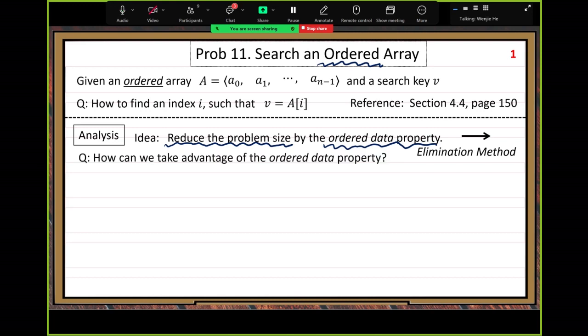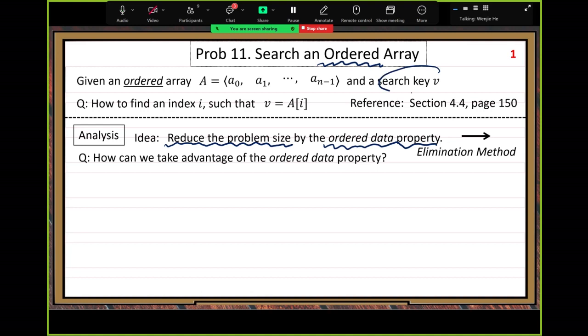Question: how can we take advantage of the ordered data property? This property can help us make a good prediction. Prediction on what? On the location of the search key.